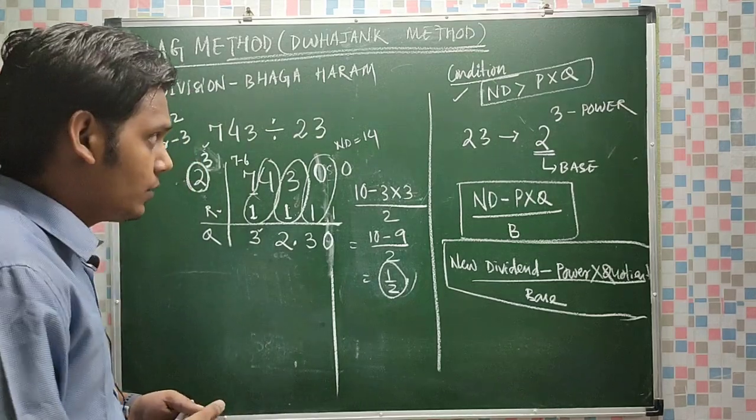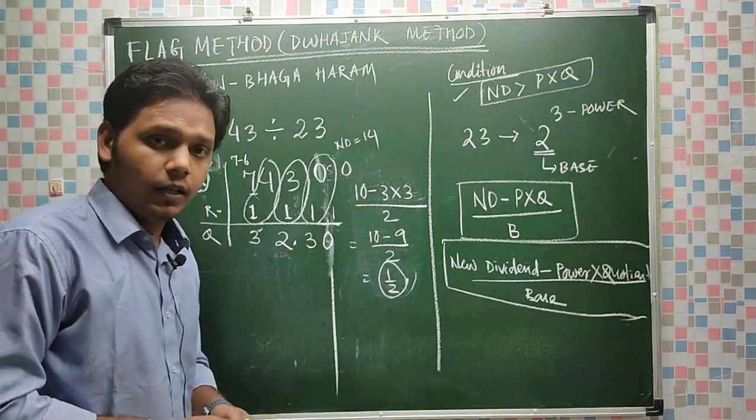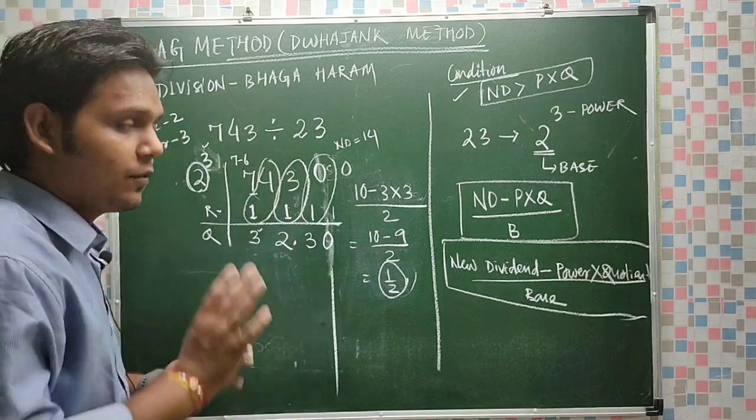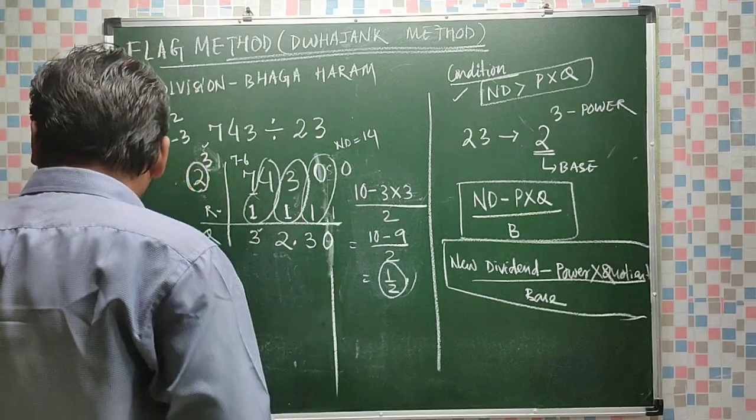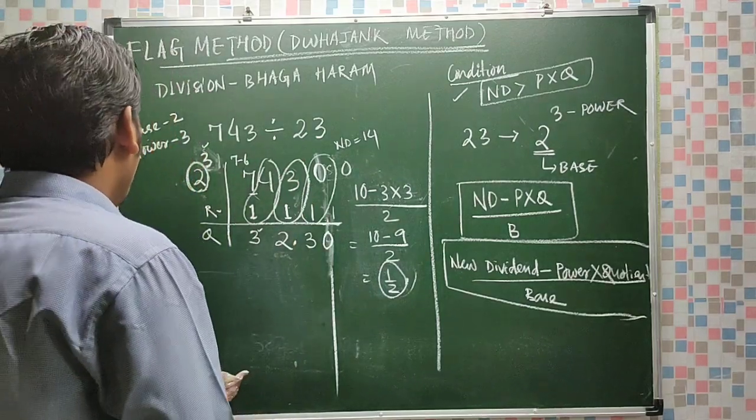A few more examples we will discuss. I will write the formula there, and thereafter I will write the condition and the formula. Thereafter we will solve some more numbers so that it will be easy for you.